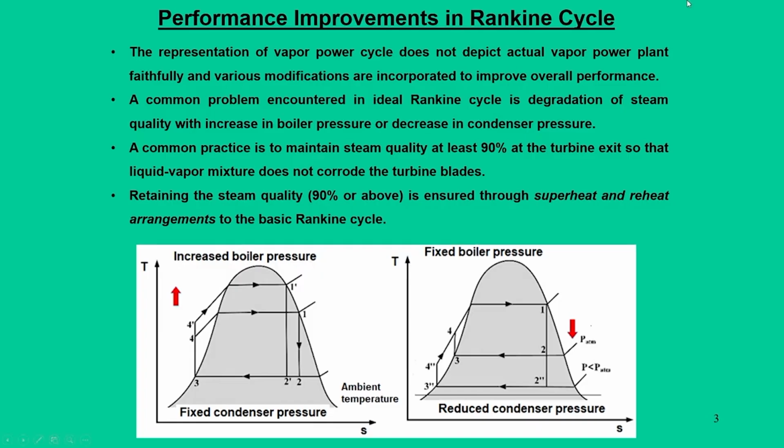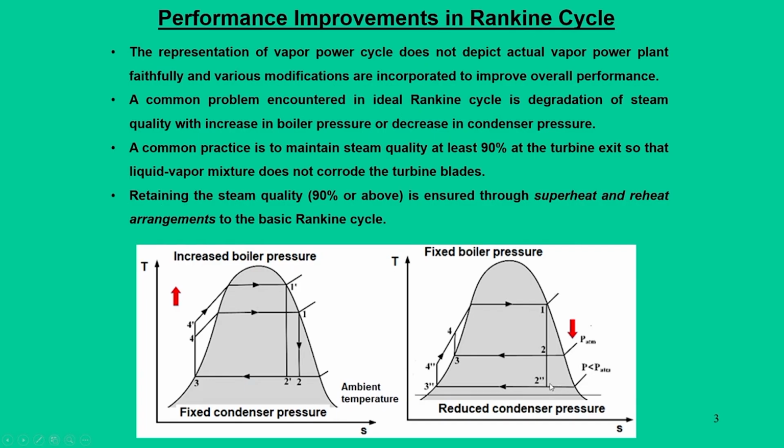So, let us first see why there is a necessity for enhancing the performance of a Rankine cycle. When we dealt with the ideal Rankine cycle, we said that saturated steam at state 1 expands in the turbine. During this expansion process, we end up at the turbine exit with a steam quality that is not in line with the operating requirement for the turbine.